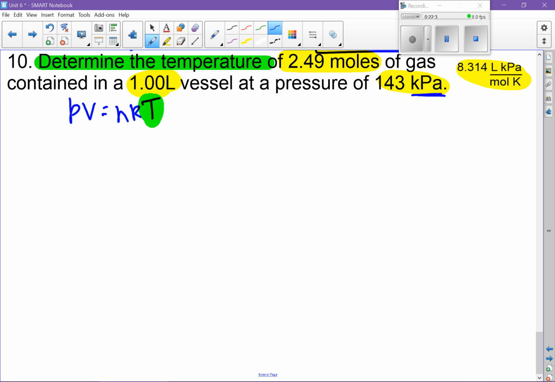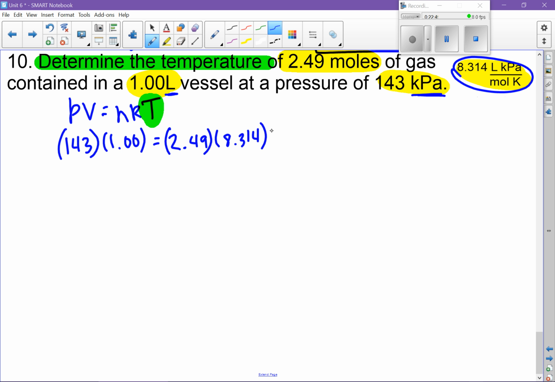Here's a pressure unit. Next we have V for volume, which is right here, the liters. N for moles, they gave me moles. R is given to you right there. And then T is the piece that I don't know.